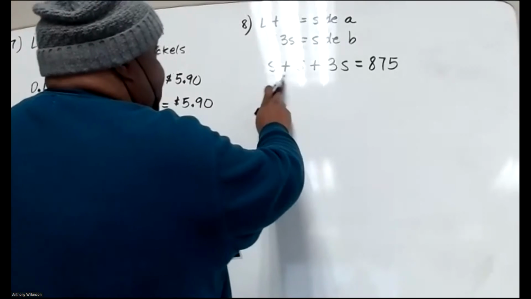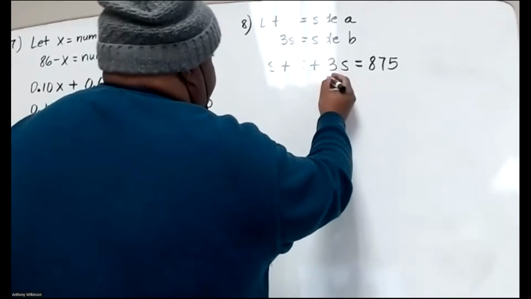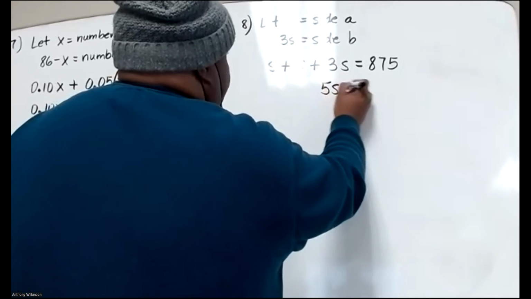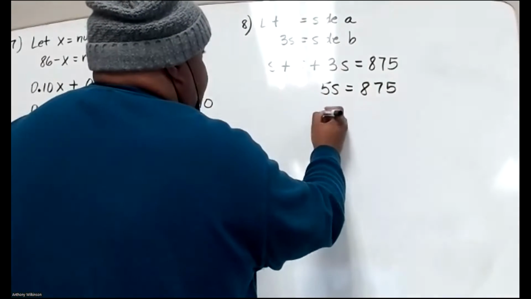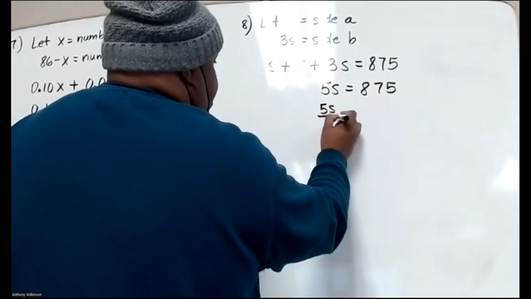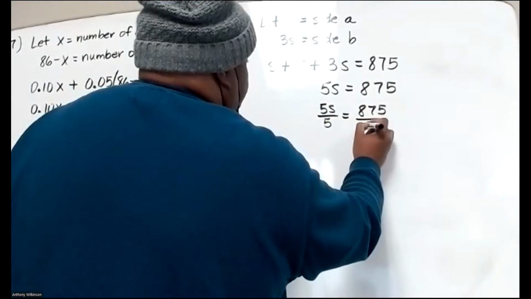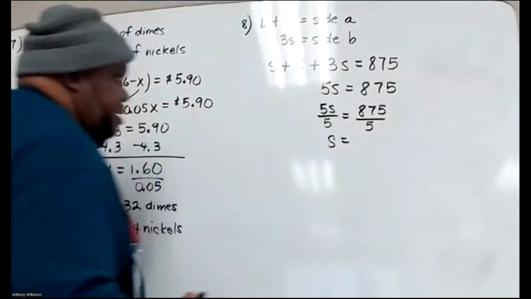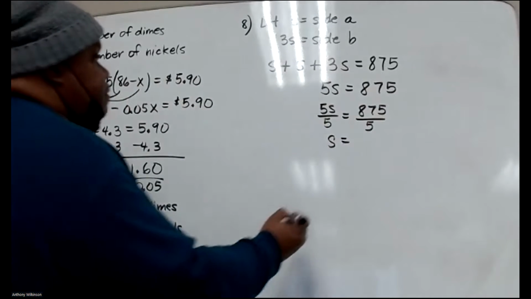All right, so what's 1S plus another 1S plus another 3S? 5S. So 5S is equal to 875. And then to solve for S, we divide both sides by 5. So that means S is equal to 175.